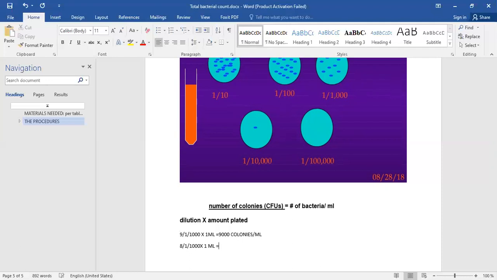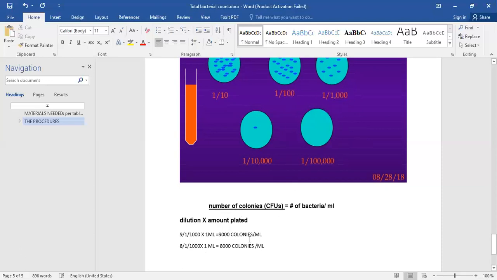that is 8,000 colonies per ml. In another plate, as I told you, we need three plates for counting.